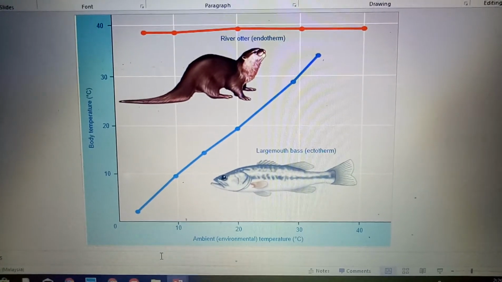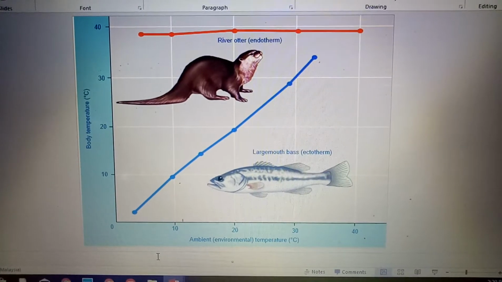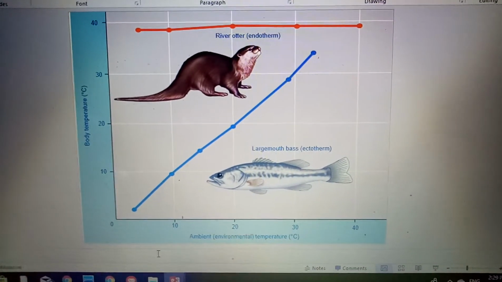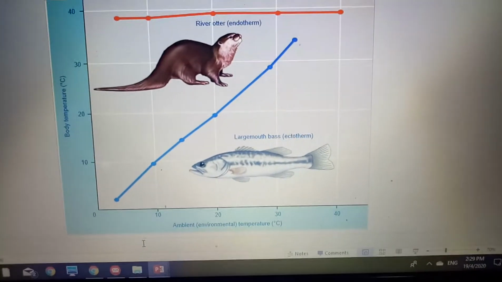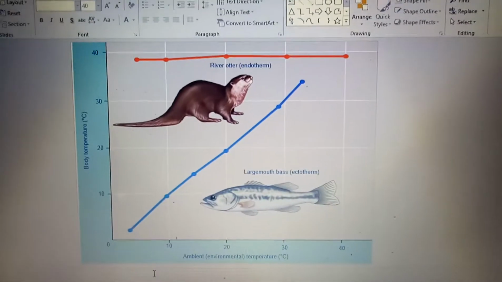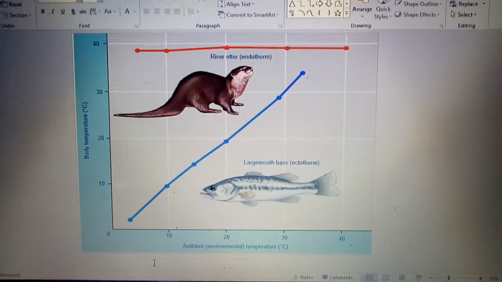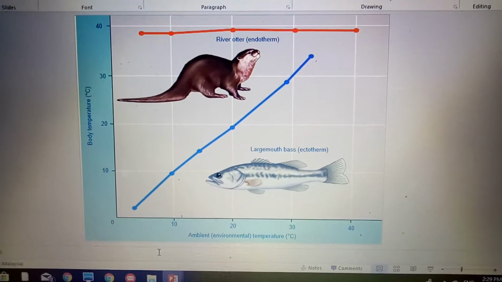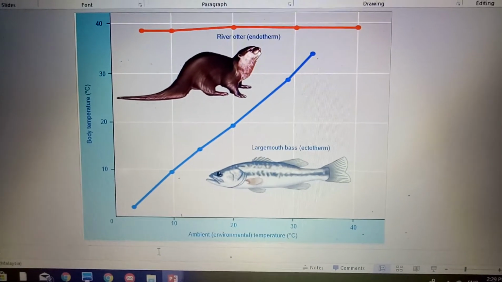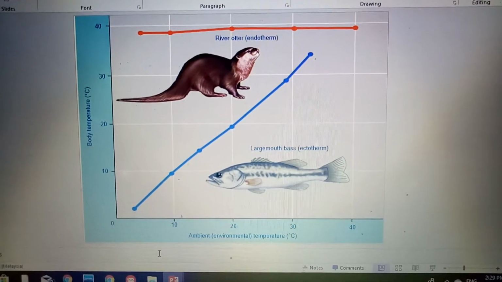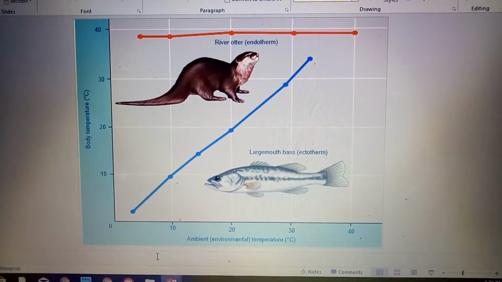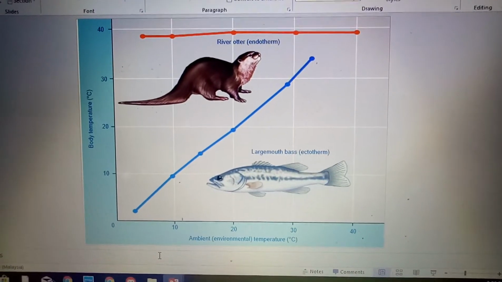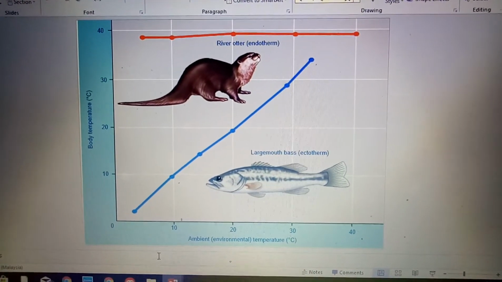The river otter is an endotherm species, which can produce heat. Meanwhile, the fish below is an ectotherm, a species that depends on external sources of body heat.